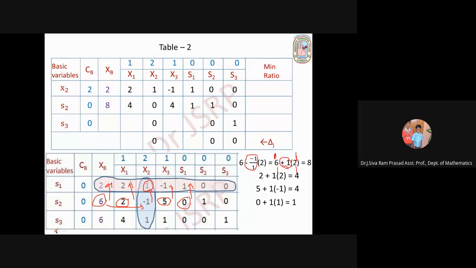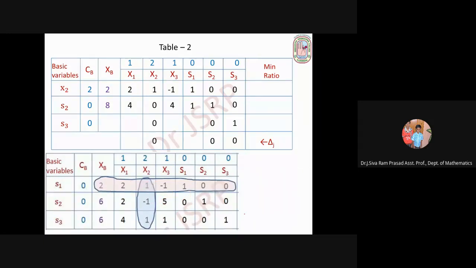Similarly, calculate the third row. How do you calculate the third row? To calculate this value, the present value is 6 minus pivot column element 1, divided by the pivot element.